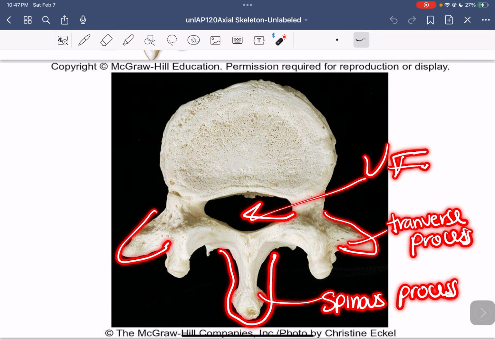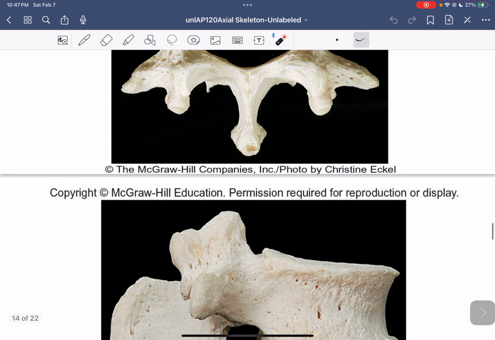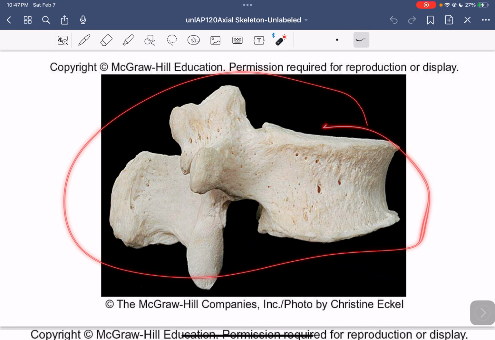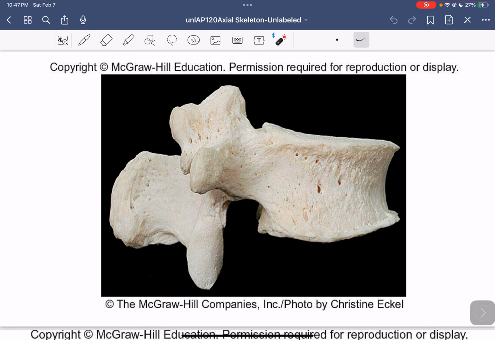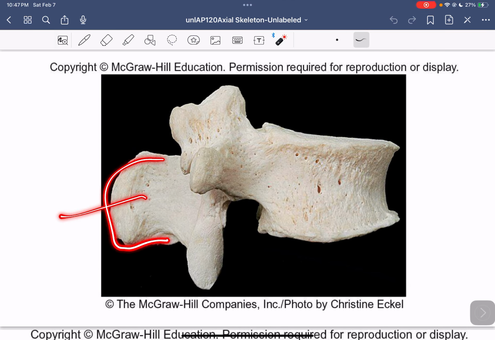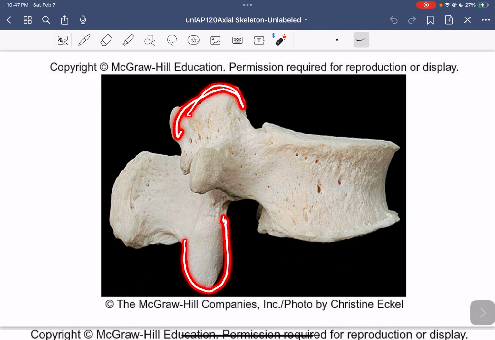Okay, there's two more structures that you need to know. And those can be best seen from a lateral view. So this is looking at somebody's individual vertebra from a lateral side. So again, this was our vertebral body. We have our spinous process. So here's our transverse process coming outwards. There's two other structures. The one down here, which articulates with the bone, the vertebra below it. And then there's one up here.